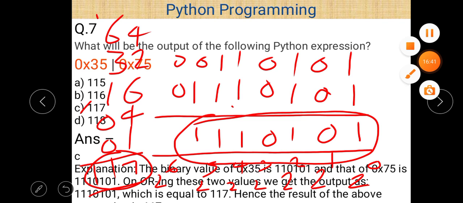Now I think it is clear to all of you. It takes a long time because I just want to show you the functioning, how to calculate the binary equivalent of a hexadecimal number. If you practice, you can do this question within a minute, or I think maximum 2 minutes.